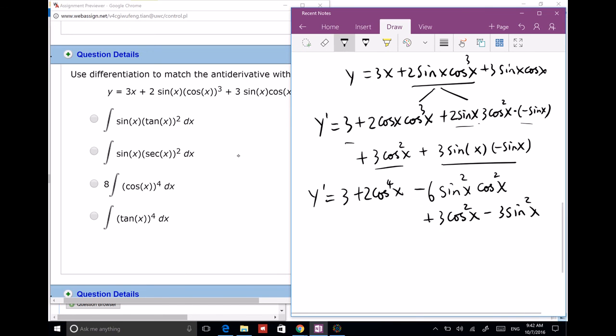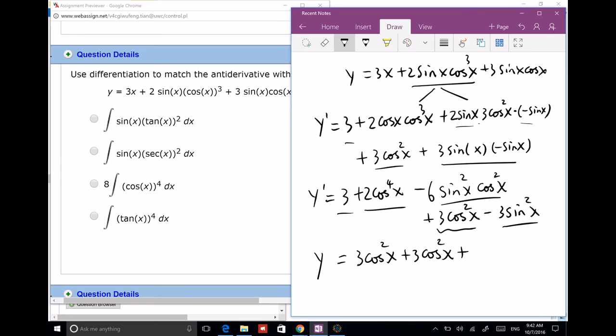Okay, so 3 minus 3 sine x squared, those two give you 3 cosine x squared, plus this is 3 cosine x squared again, plus this 2 you have a cosine plus 2 cosine x power 4 minus 6 sine x squared cosine x squared.